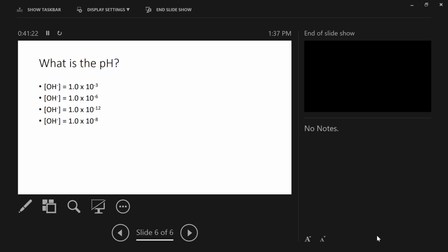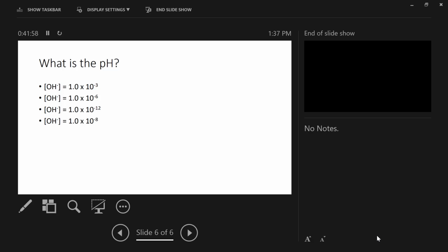Let's do another. So the next one says that our hydroxide ion concentration is equal to 1.0 times 10 to the minus 6. And we have 2 ways we can do this problem, just like we had 2 ways we could do the previous problem. We know that the hydrogen ion concentration is equal to 1.0 times 10 to the minus 14 divided by our hydroxide ion concentration, which is what?